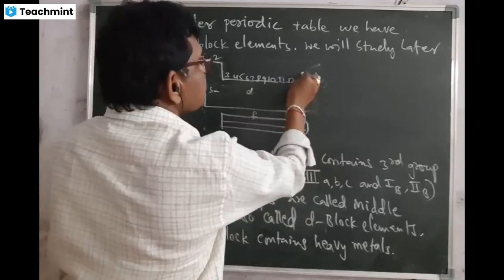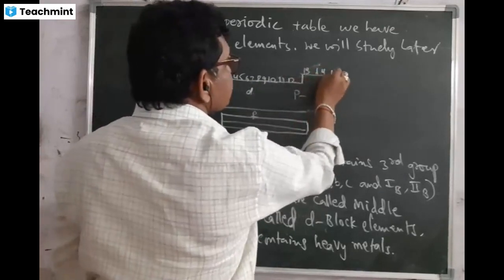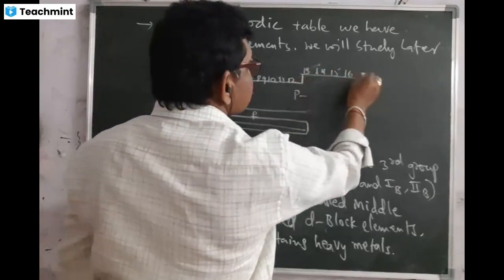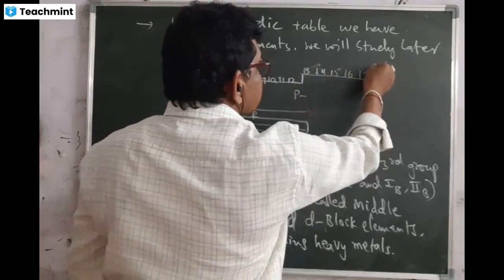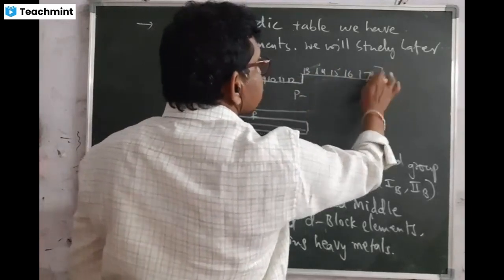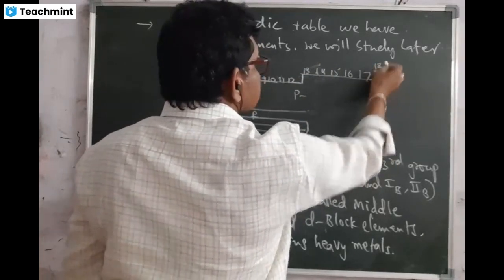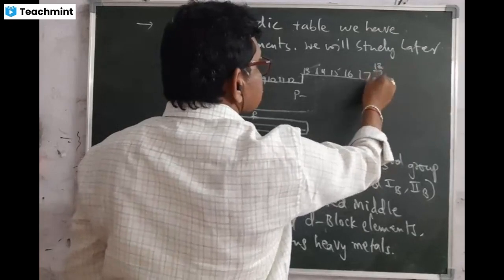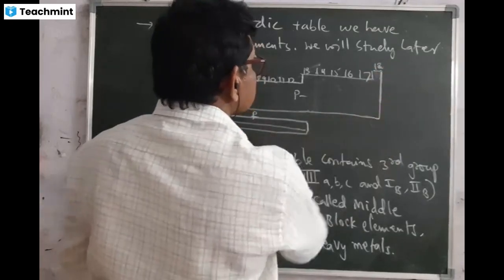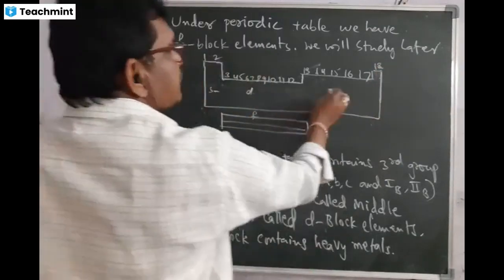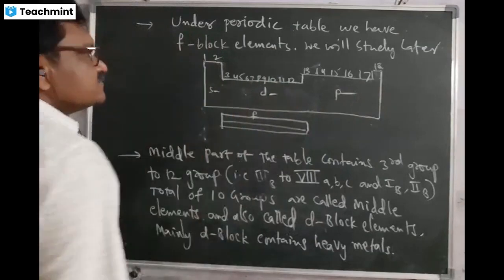Then from here, groups will start: 13th, 14th, 15th, 16th, 17th, 18th group. Okay, this complete right part is the P block, the middle part is the D block, this is the S block.